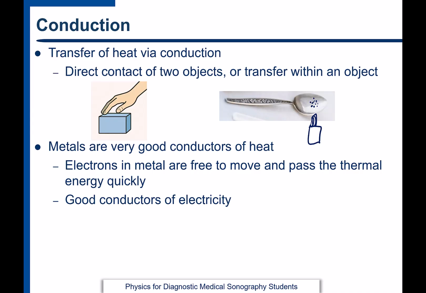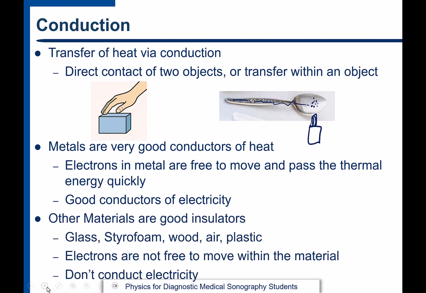They start moving a lot because they're absorbing that thermal energy, that heat, and that's giving them kinetic energy. Because those electrons are free to move around, they start moving throughout the entire spoon, and that's how the energy gets transferred or conducted within the spoon. So that's what makes metals very good conductors. That also, by the way, is why metals are good conductors of electricity, because those same electrons can carry an electric current, and we'll talk about that more in a later video.